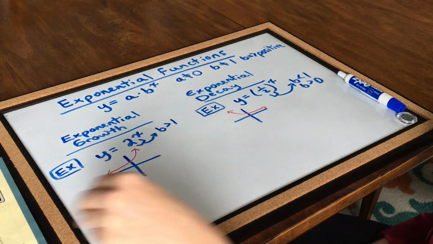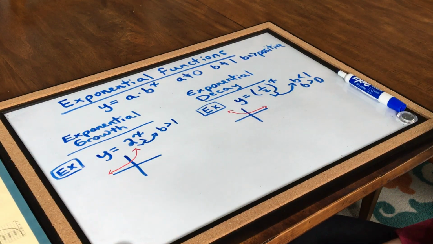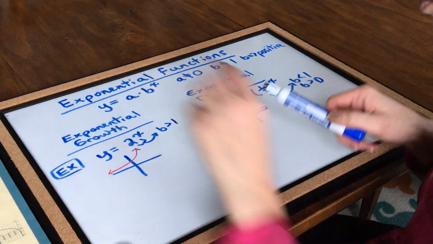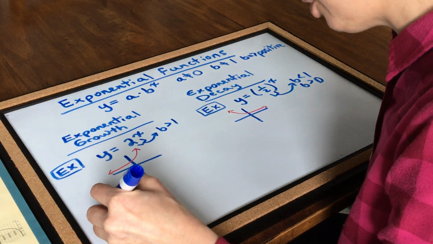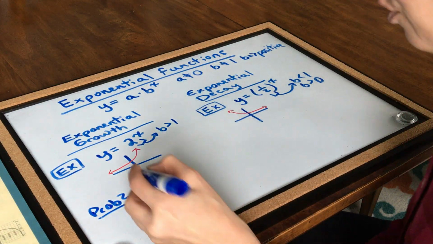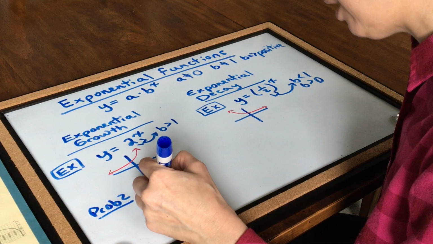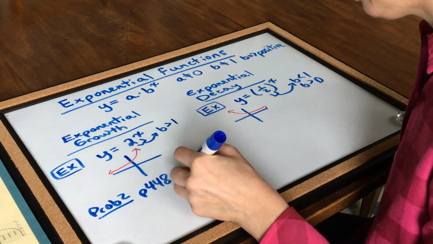Okay? Let's try an example problem using an exponential function. Remember when I said we're going to work mostly on problem number 2? Problem number 2 is on page 448, so you might have to turn the page there. Problem number 2 gives us the function.